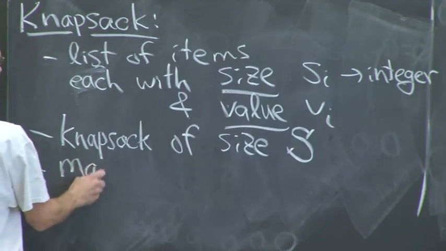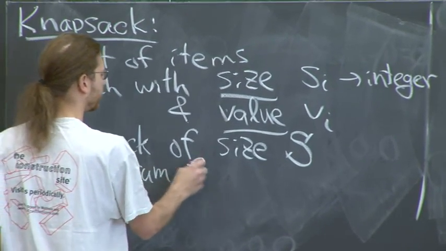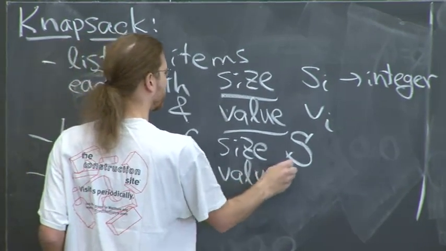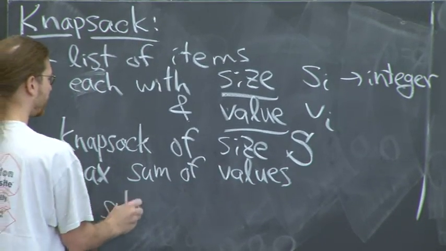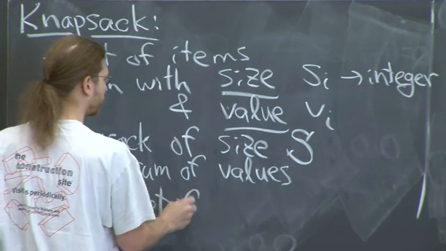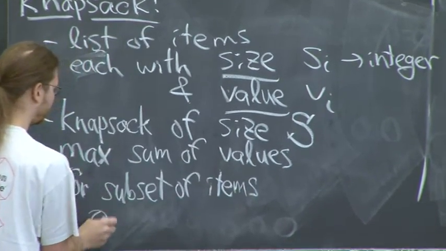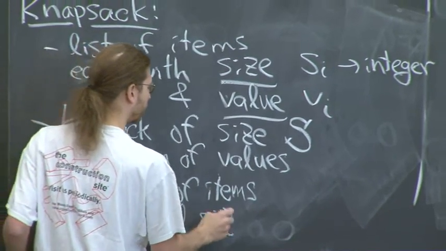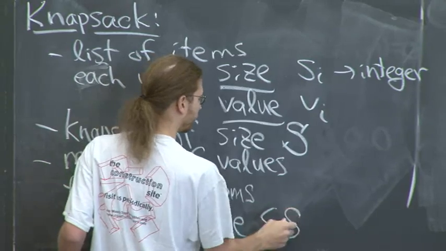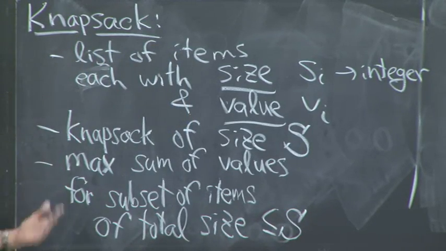Okay, so you want to maximize the sum of values for a subset of items of total size less than or equal to S. You can imagine size as weights instead of size.